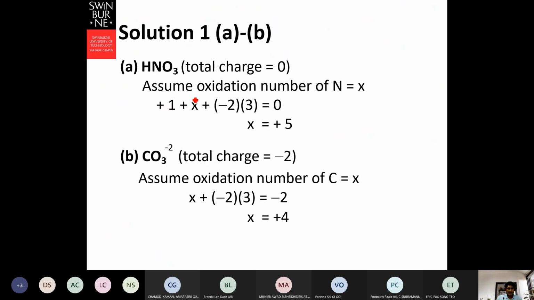Now there are some examples. It says to find out the oxidation number for nitrogen, hydrogen, and oxygen. For nitric acid the total is 0. We usually do not show it because the total charge is 0, which is power 0, means 1.